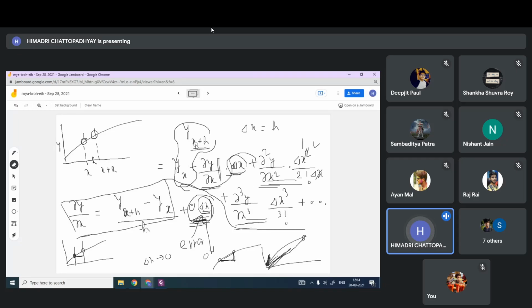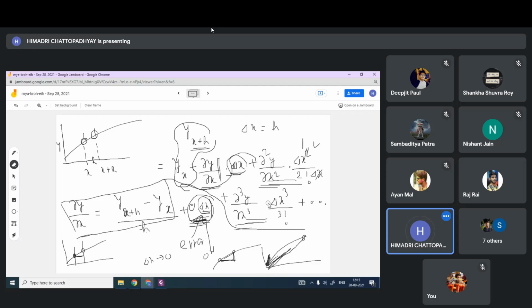But the extra term also gets divided by delta x, which we are not writing. So delta x square, when divided by delta x, gives delta x to the power 1. So the extra term which we are not taking starts from delta x to the power 1. That is why it is called first order accurate. If the error starts from delta x square, then it will be called second order accurate.